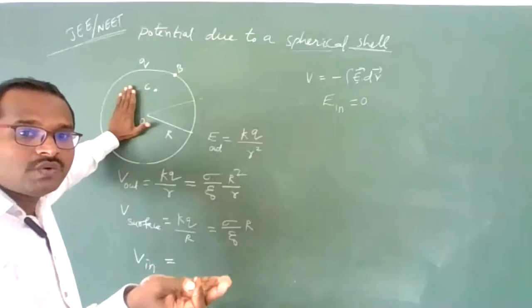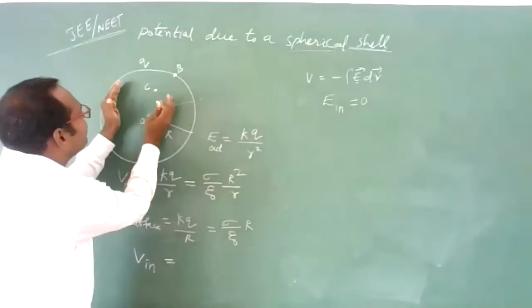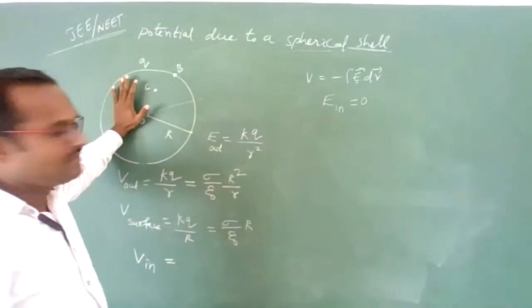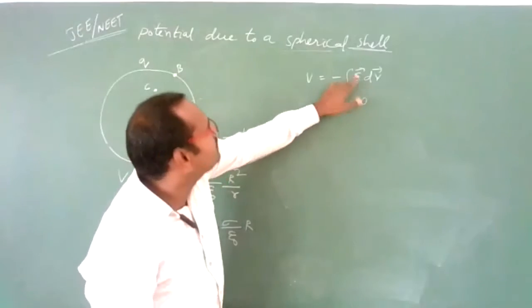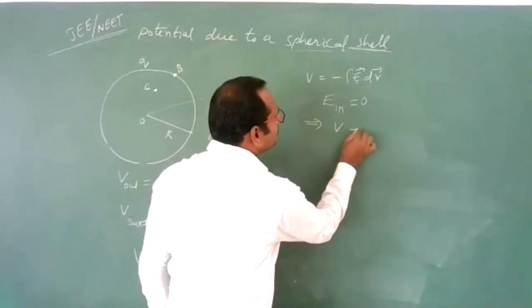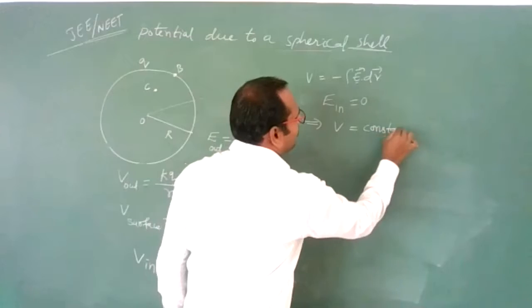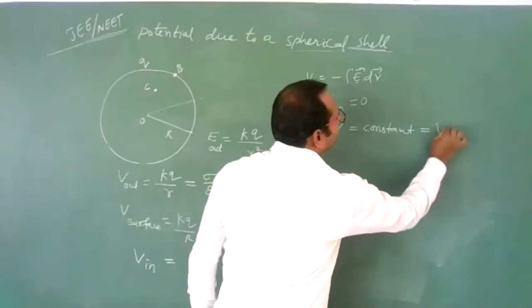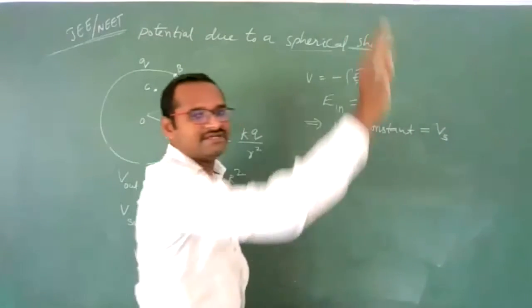According to Gauss law, no electric flux is coming, which means no electric field is there. If the electric field is 0, then what should the potential be? Potential should be constant, and that constant value should be equal to the potential on the surface.